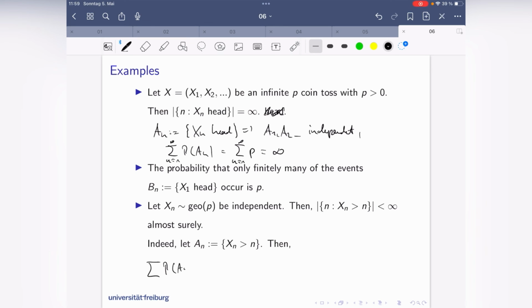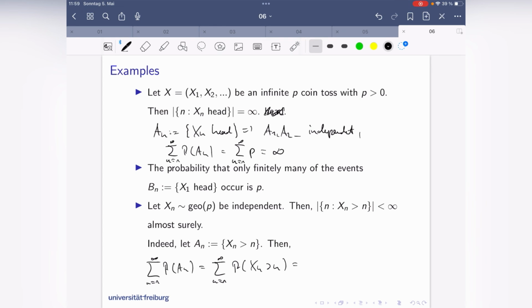And we have to compute the probability of A_n summing over all n. Well, that's the sum over the probability that X_n is bigger than n from 1 to infinity.